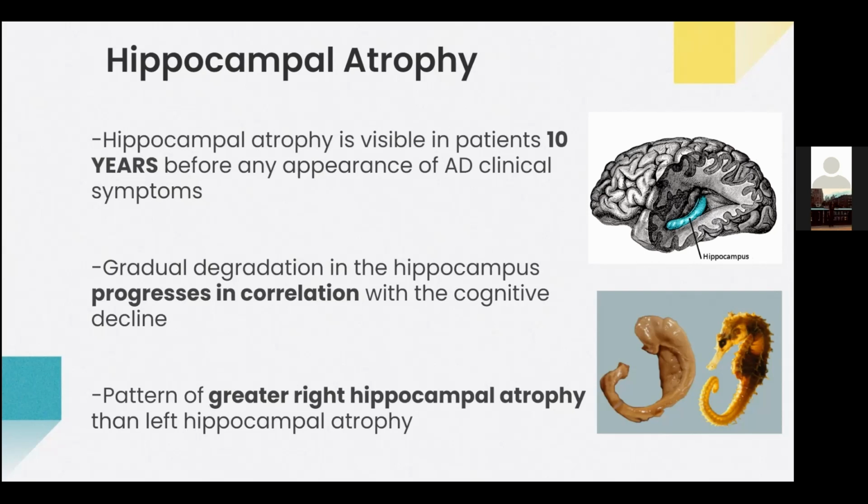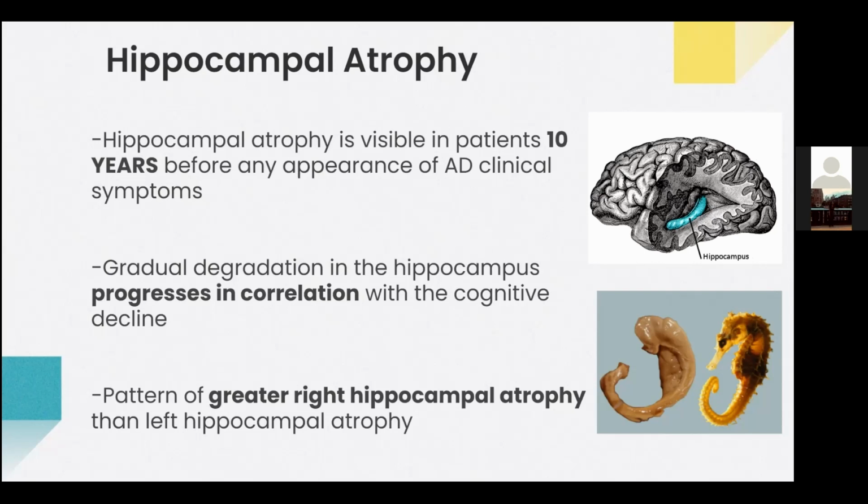And if you guys know already, the hippocampus is mainly responsible for memory storage and retrieving memories. Since memory loss is one of the first symptoms of Alzheimer's disease, scientists can correlate this atrophy with memory loss in Alzheimer's disease.